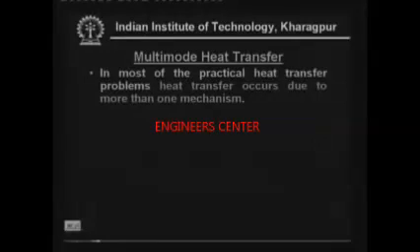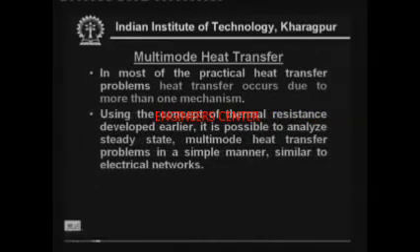As I said, in most practical heat transfer problems, heat transfer occurs due to more than one mechanism, and using the concept of thermal resistance which we have developed earlier, it is possible to analyze steady state multi-mode heat transfer problems in a simple manner similar to electrical networks. Remember that this concept of thermal resistance and networks is applicable only to steady state problems.